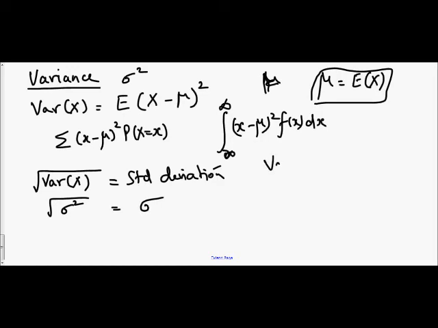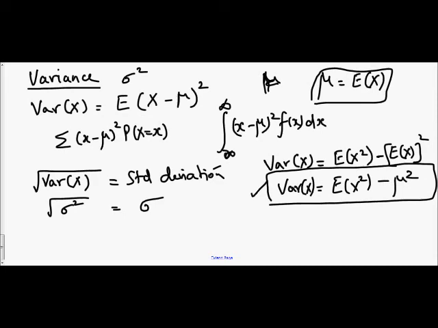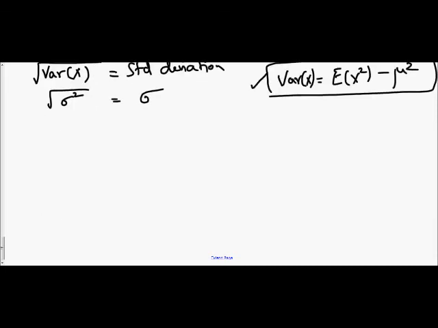Also, there is another formula for the variance of x, which is the expectation of x squared minus the expectation of x, the whole squared. Just now we saw that they are not equal. Actually, in fact, this is mu squared. So this is another formula for finding the variance of x. If you know these two values, the expected value of x squared and mu, you can directly substitute in this formula instead of doing all these things.